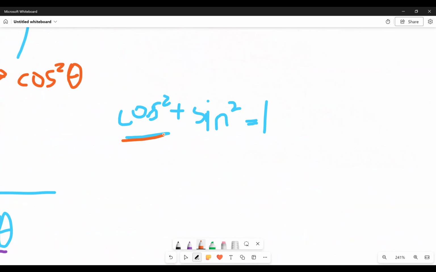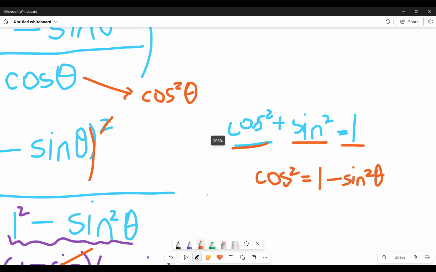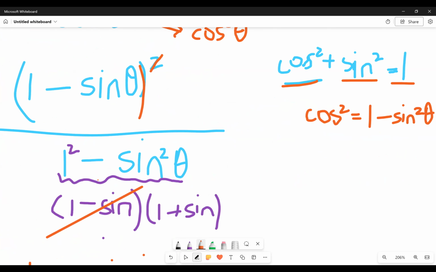Cosine squared plus sine squared is equal to 1 is an identity that we are very familiar with from Pythagoras. And so we know that cosine squared is going to be equal to 1 minus sine squared. Cool. So now that part is substituted in the denominator.